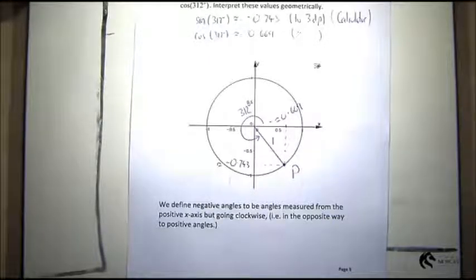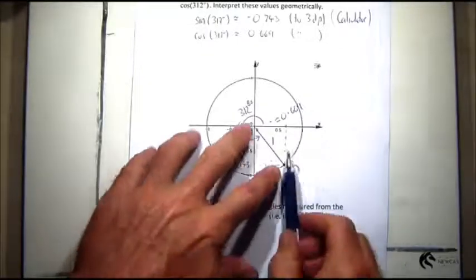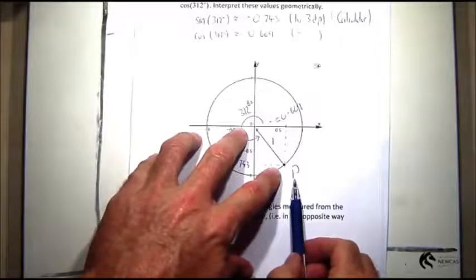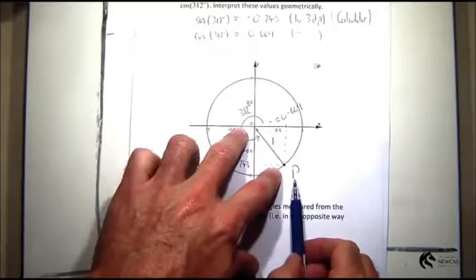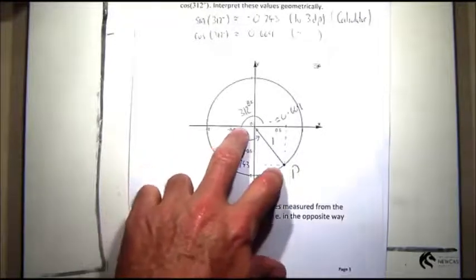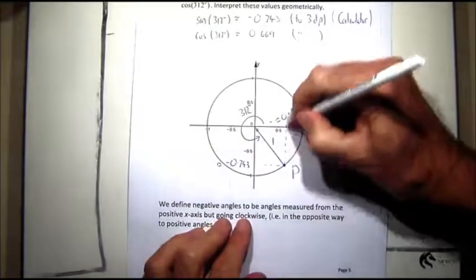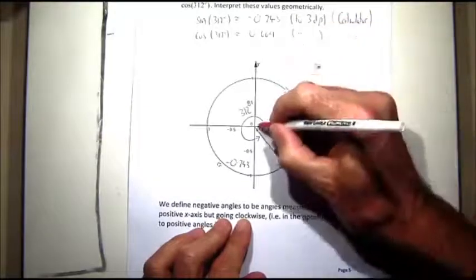Now I guess while I'm here, if I wanted to relate the sine and cosine of this fourth quadrant angle to a first quadrant angle, the appropriate triangle would be this one. It would come up to here and across there.